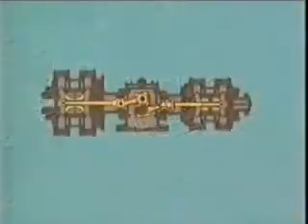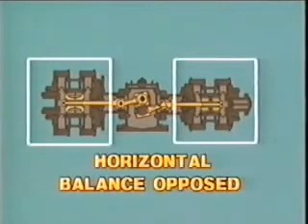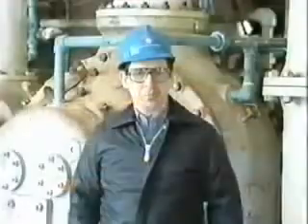Usually the opposed cylinders are compression cylinders, but in some cases they are a combination of power and compression cylinders. The balancing of weight and forces on each side makes the compressor operate smoothly. Because horizontal balance opposed describes only the compressor cylinder setup, the compressor package itself can be integral or separable.